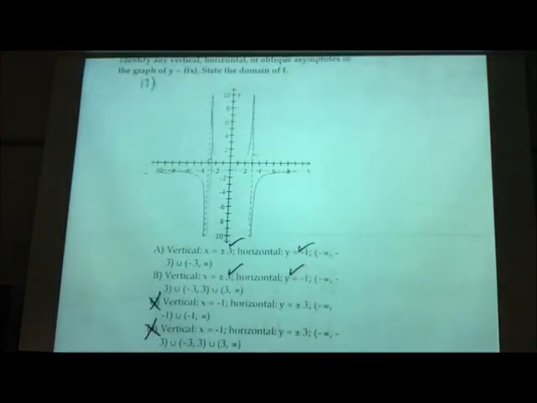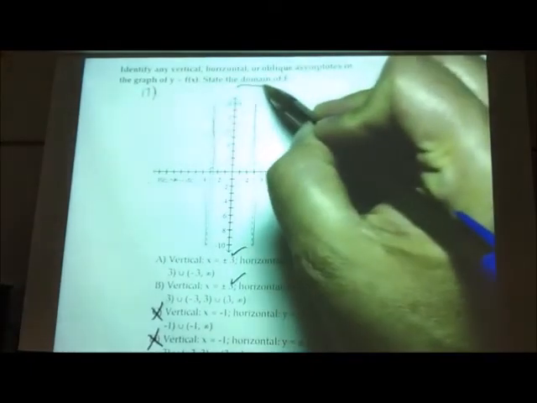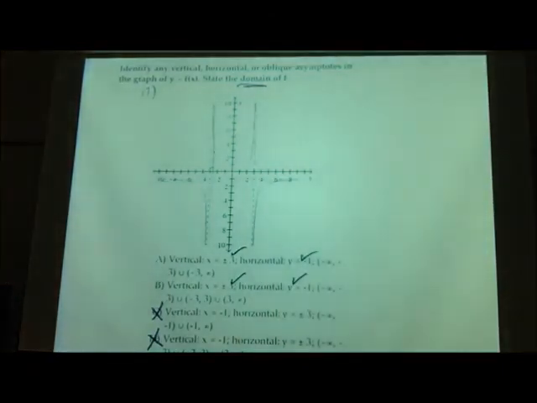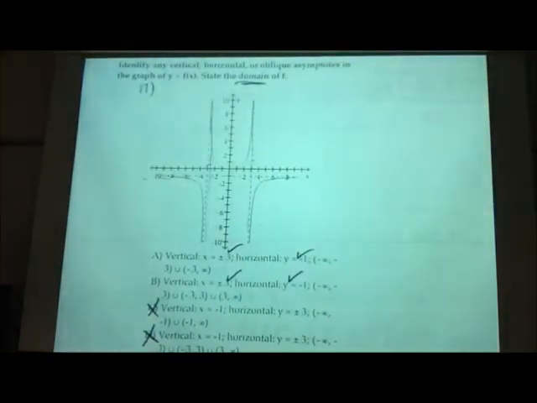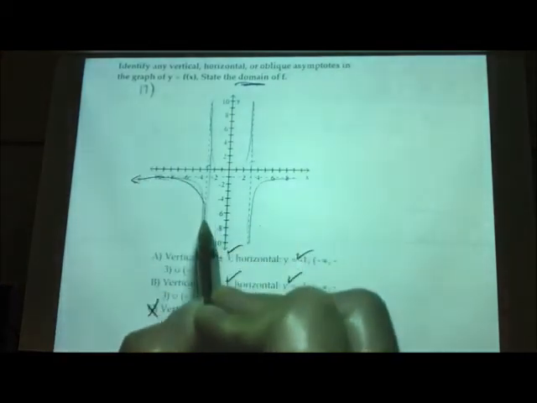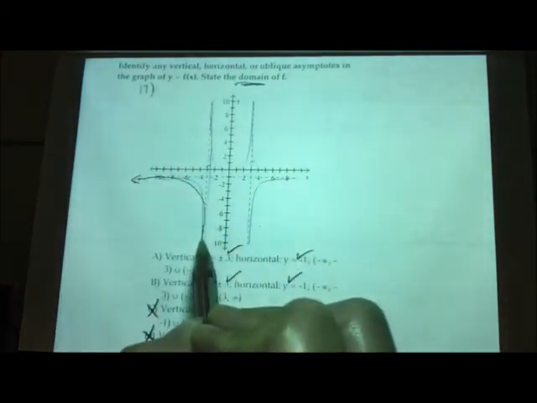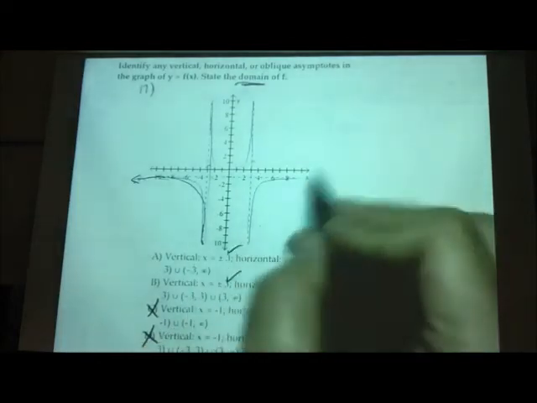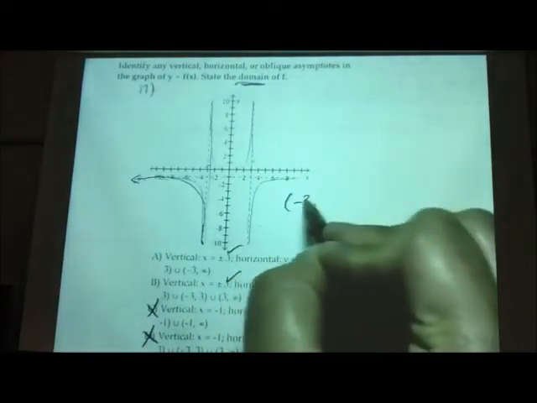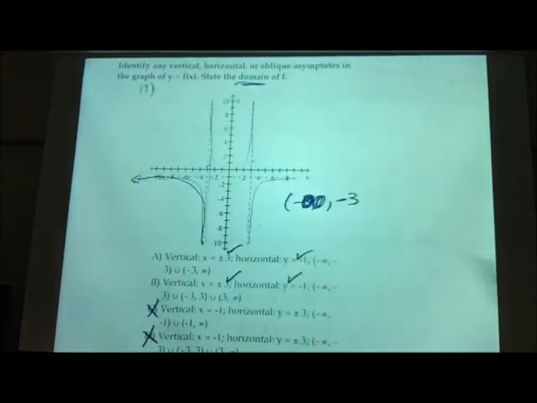So the only difference between these is my domain. And how do I know that what they're talking about is domain? Because it's the last thing in this list right there. So when I look at this graph, it's coming from negative infinity, and then it stops here. And this is the value of a negative 3. So it goes from negative infinity to a negative 3.